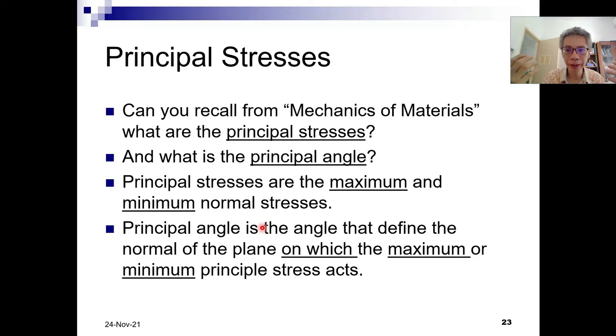From the theory of the stress tensor, we know that there exist some angles where the normal stress becomes maximum or minimum. That's the principal stresses, and the angles that make the stresses maximum and minimum are called principal angles. So a principal angle defines the normal of the plane on which the maximum or minimum principal stress acts.